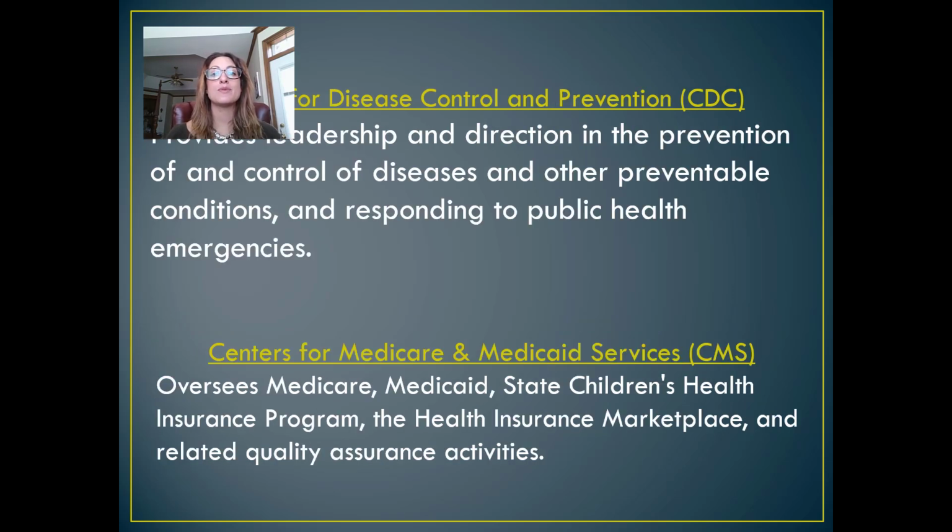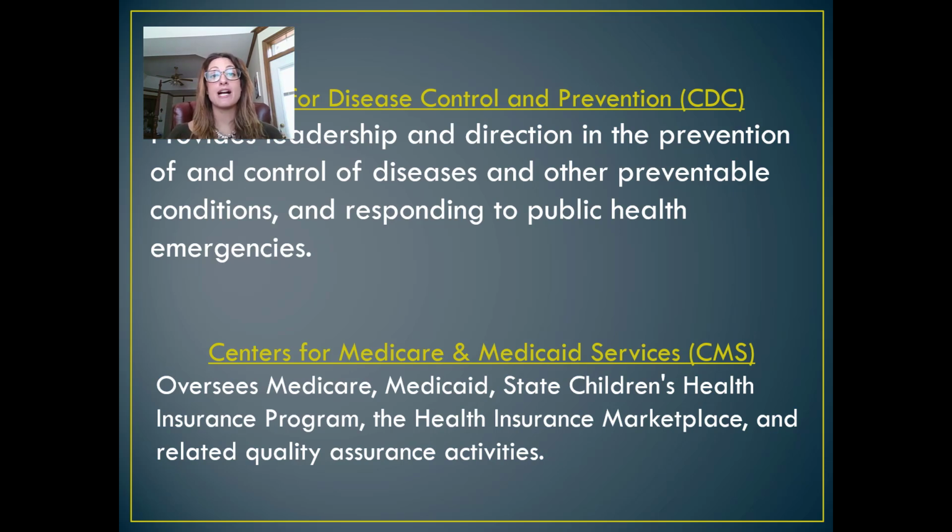We've got the CDC, which again, think of them as really the main agency that focuses on prevention and control of disease. They're really kind of that hallmark public health federal agency under the U.S. Department of Health and Human Services. There's the Centers for Medicaid and Medicare.